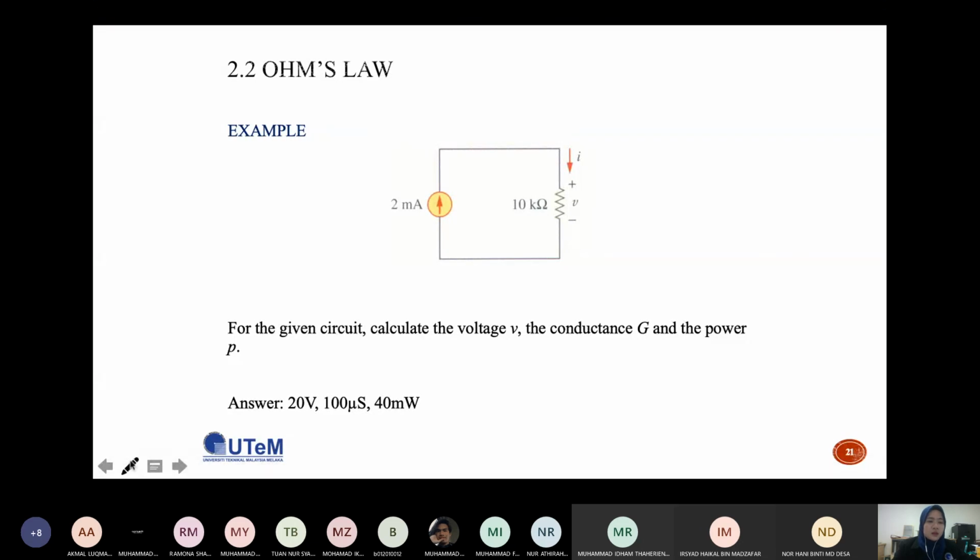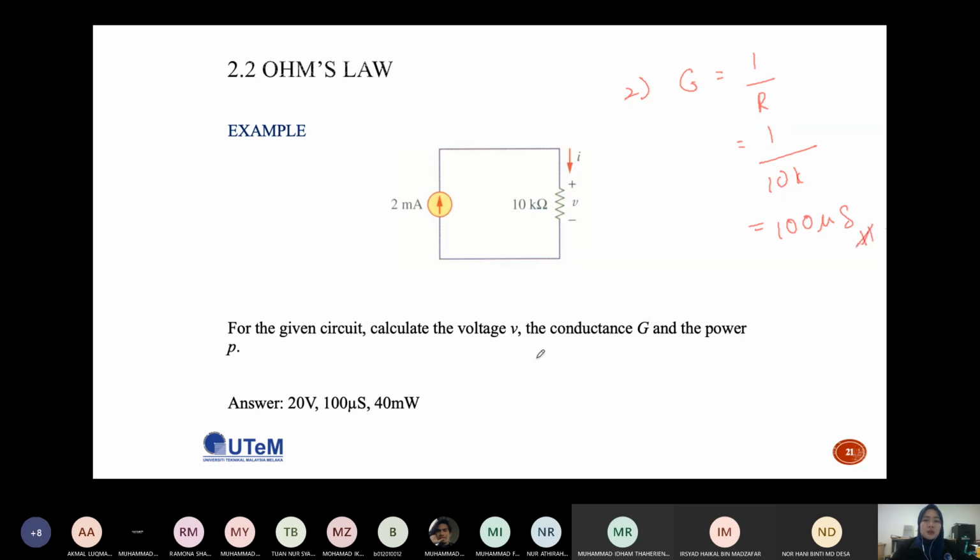Okay, so next let's calculate for the conductance G. Number 2, G equals 1 over R. 1 divided by R, R is 10K. 1 divided by 10K, you will get 100 micro. The unit is Siemens.